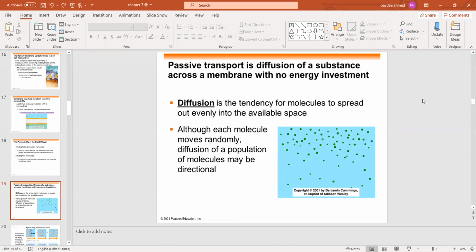One result of this motion is diffusion. Diffusion is the movement of particles of any substance so that they spread out into the available space. Each molecule moves randomly, even though diffusion of a population of molecules may be directional.